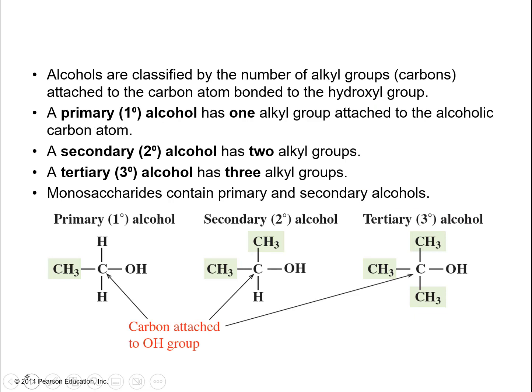In one of your Mastering questions, you might come upon what they call primary, secondary, and tertiary alcohols. The only thing that's important about these: a primary alcohol means that the alcohol is attached to a carbon which is attached to only one other carbon. That's a primary, so that's always when it's on the end of something.